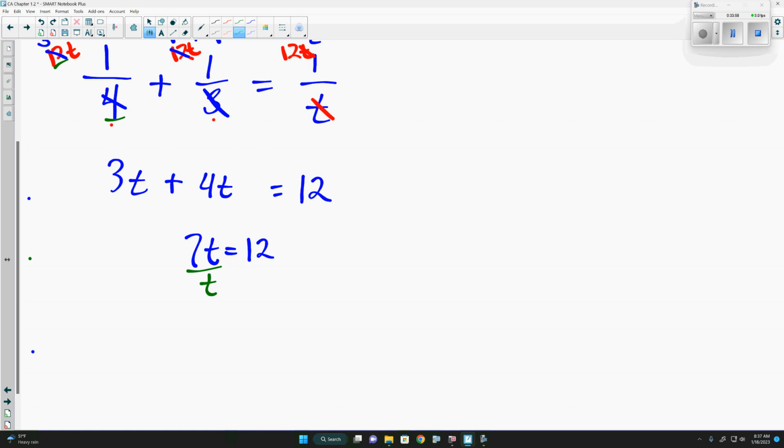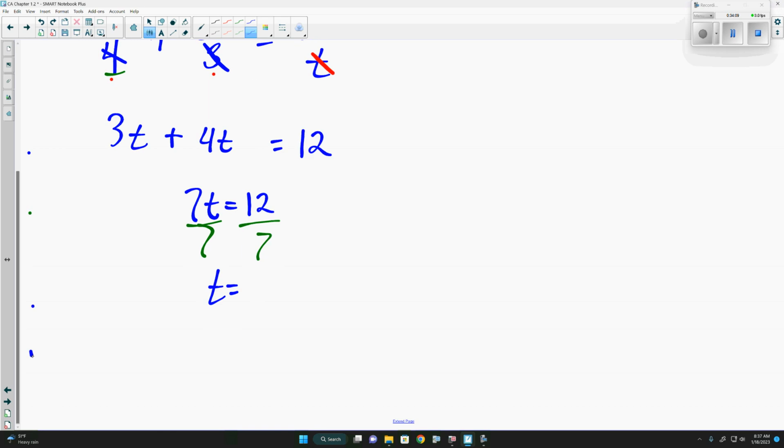Divide both sides by 7, not t. I don't know where my brain went for a second there. Does 12 divide by 7 nicely? No. 12 sevenths. Or 1 and 5 sevenths.